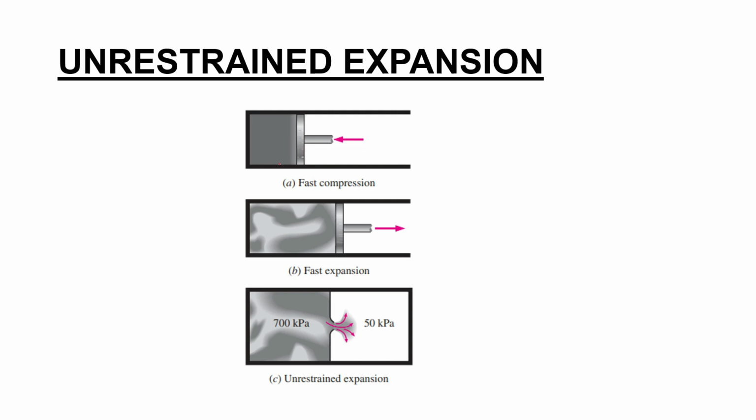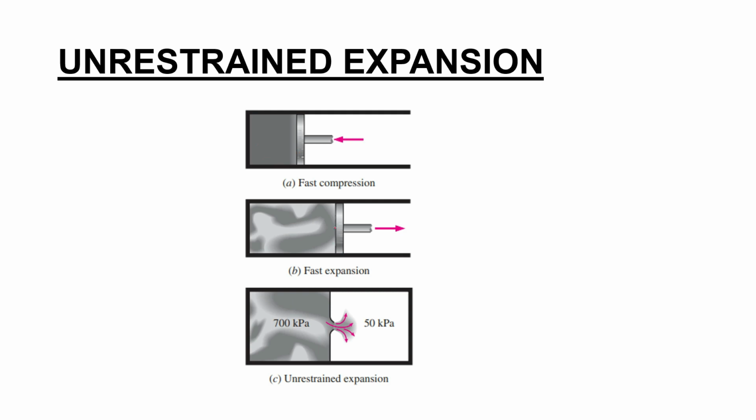That means this is not a quasi-static process. The region here gets compressed more than the region here. That means the pressure here will be different than the pressure here. This will be higher and this will be lower. So this is not an equilibrium process. This is not a quasi-static process.